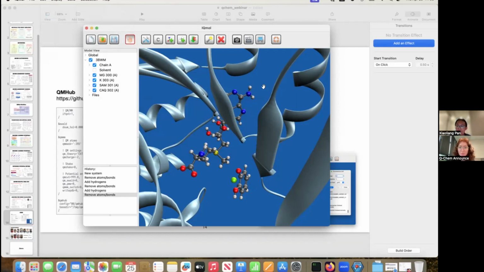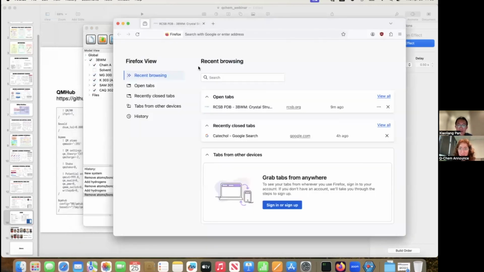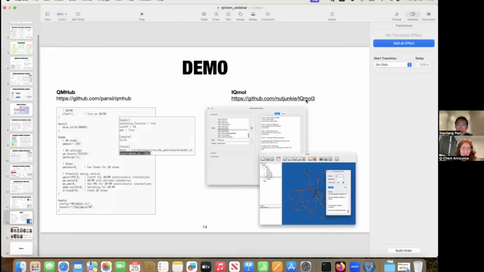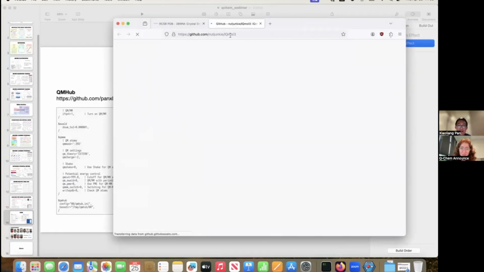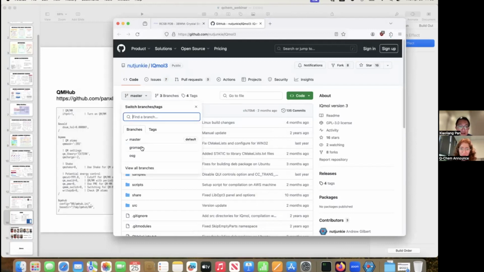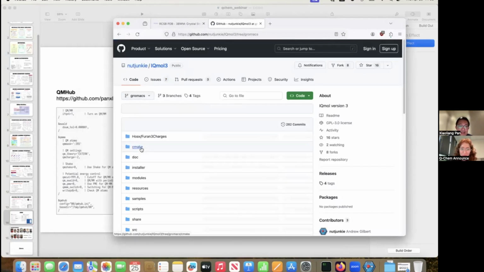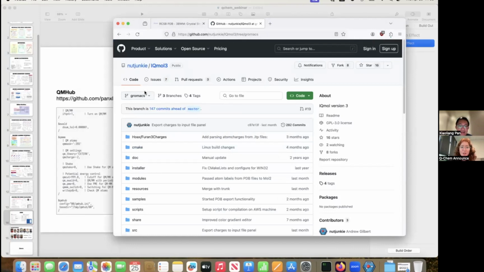My follow-up question is where do I find this branch of IQmol? I'm looking for it in the main IQmol repository and can't find it. Have you forked your own copy of it? Let me double check. It should be here, this one, GrowMax. Oh, it's under IQmol 3.